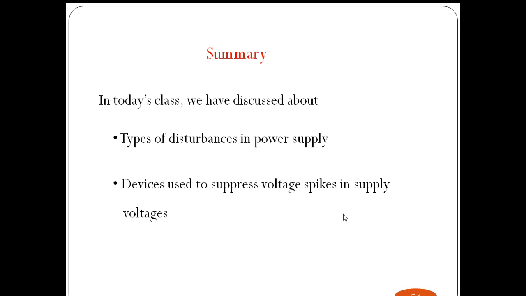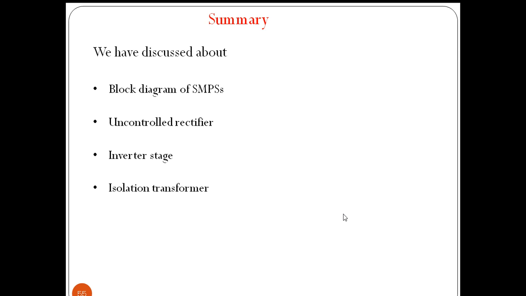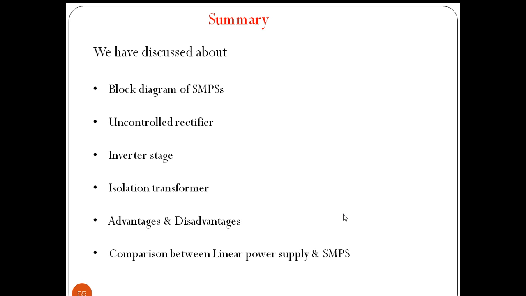And finally, we came across SMPS, switched mode power supply. The block diagram of SMPS we have discussed. We have seen the uncontrolled rectifier, inverter stage in that SMPS, isolation transformer, advantages and disadvantages of SMPS. We have also seen a small comparison between a linear power supply and SMPS.